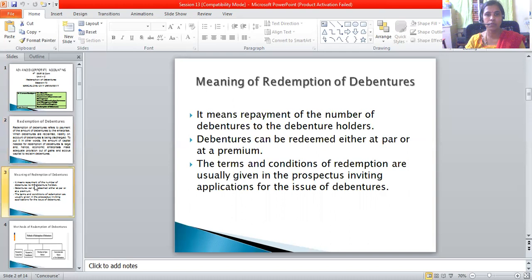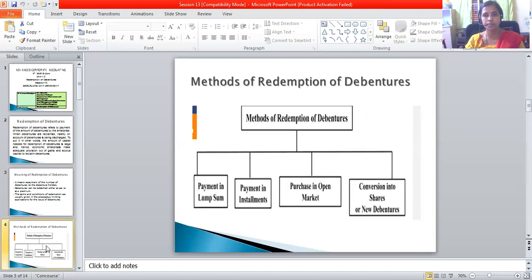Redemption of debentures means repayment of the debentures to the debenture holders. Debentures can be redeemed either at par or at premium. The terms and conditions of redemption are usually given in the prospectus, inviting applications for the issue of debentures.